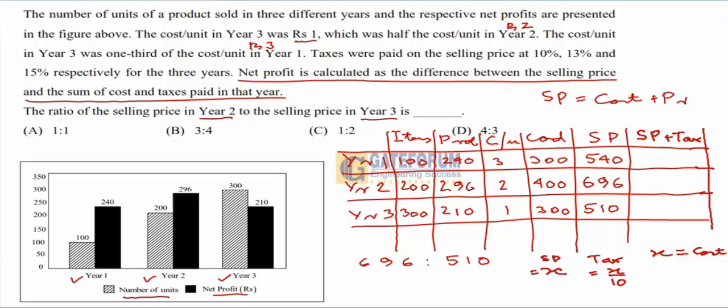But how can that be possible? So X minus the tax, that is X by 10, will be equal to cost plus profit. Okay, so let us check this out. This would be a wrong conclusion.